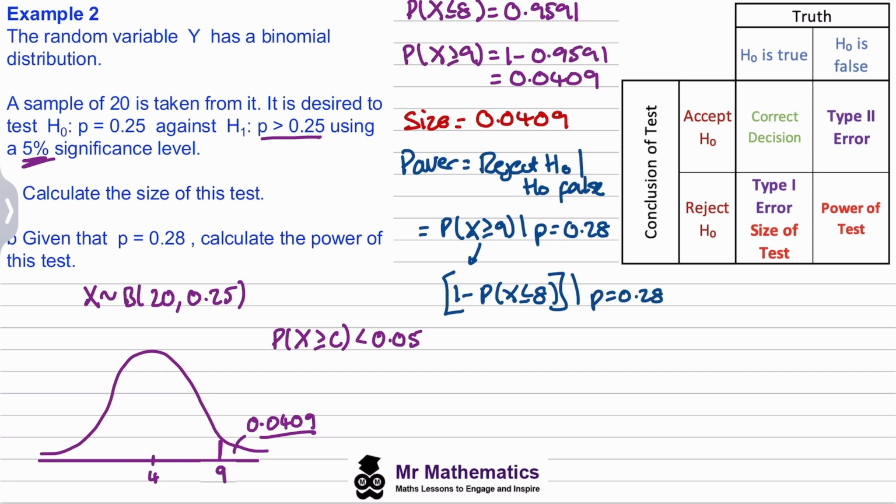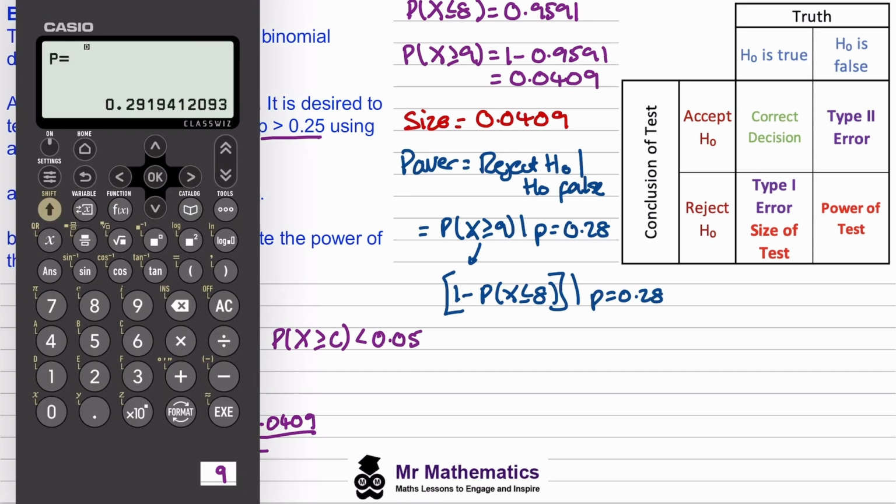So if we go back to our calculators, now we want binomial CD. We want variable, we'll choose X to be 8, N to be 20, and P is 0.28. And we'll execute that, and we get 1 minus 0.9216.